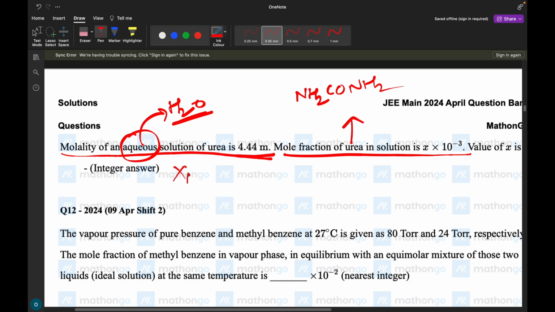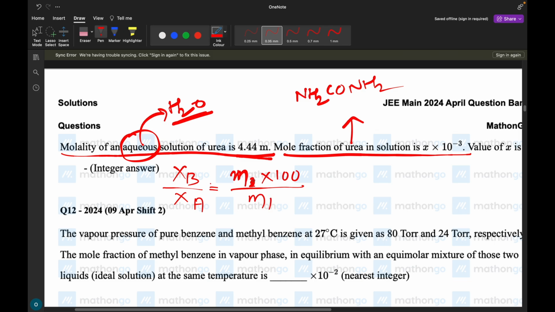We got like this, right? XB by X1, XA equals to N2 into 1000 by M1.